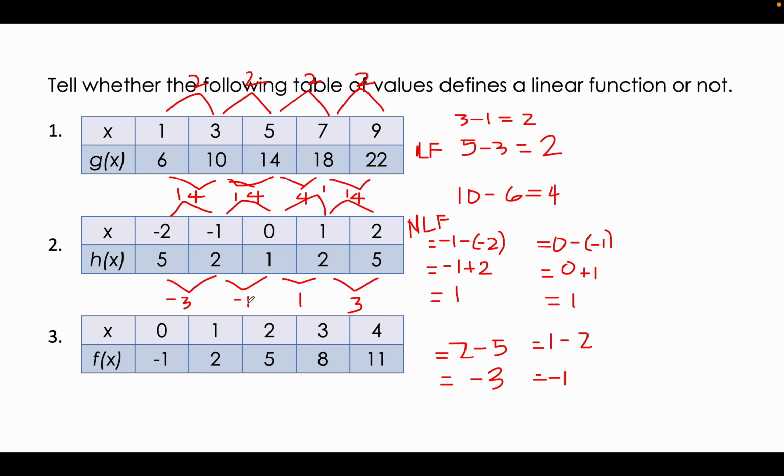Pero kung kukunin ulit natin yung common difference nila, negative 1 minus negative 3. Tignan natin. So, additional information lang to. So, negative 1 plus 3, the answer is 2. And then 1 minus negative 1, or let's have plus 1 agad. So, 2. 3 minus 1, 2.